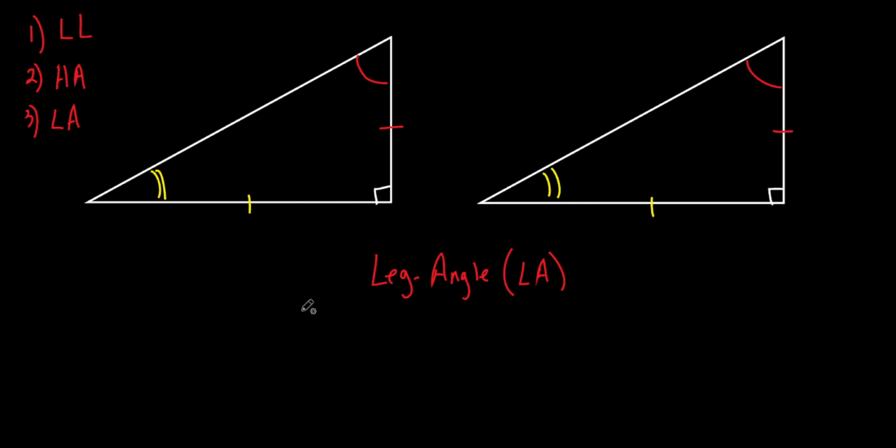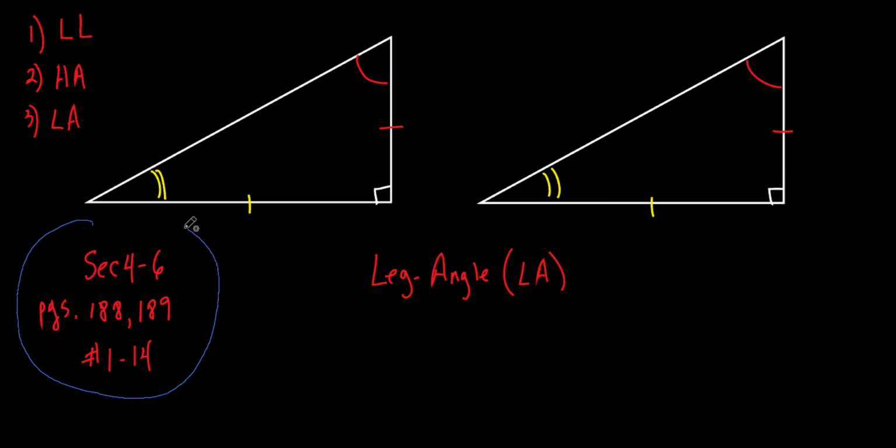All right, let's write down a homework. So that was section 4.6. So here's your homework, section 4.6. I'll put the lesson plan up on the screen here in a minute for the week, so you can tell what we're going to do the rest of the week. And there's your homework. Pages 188, 189, 1 to 14.